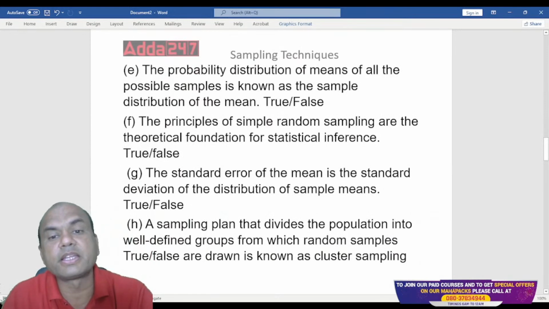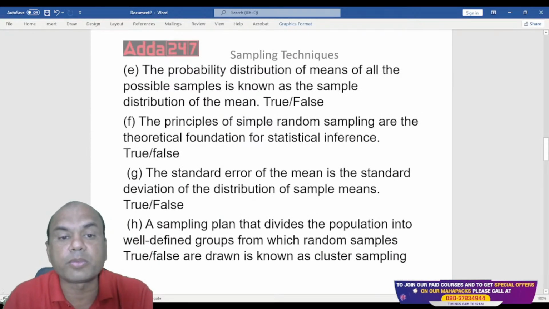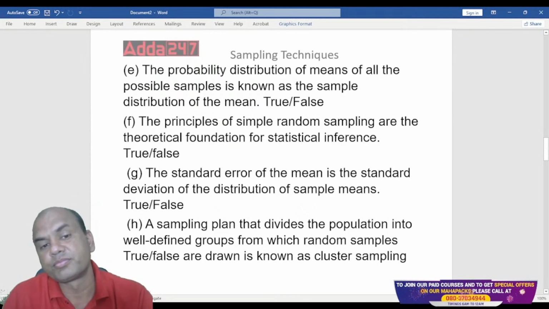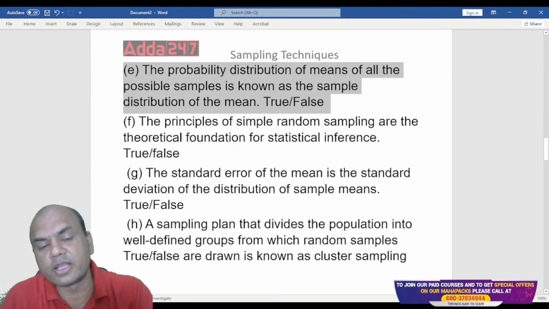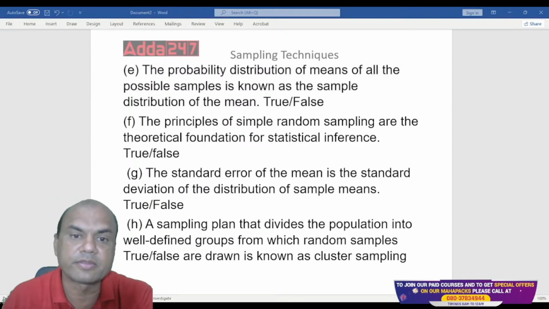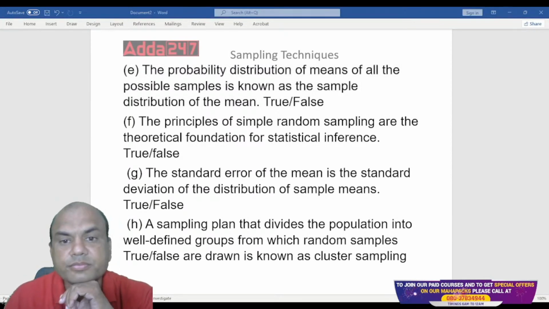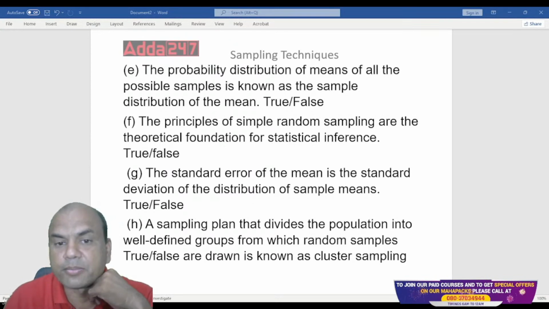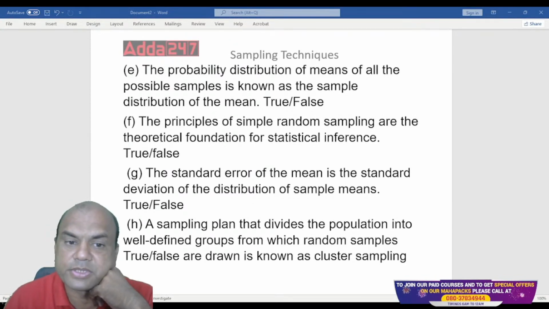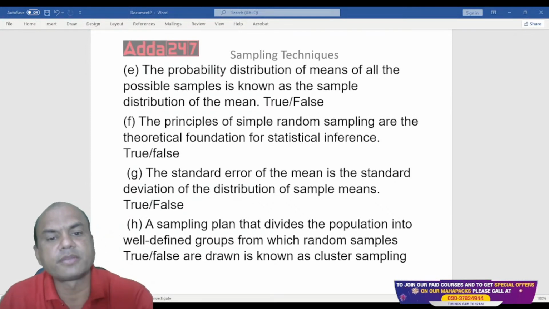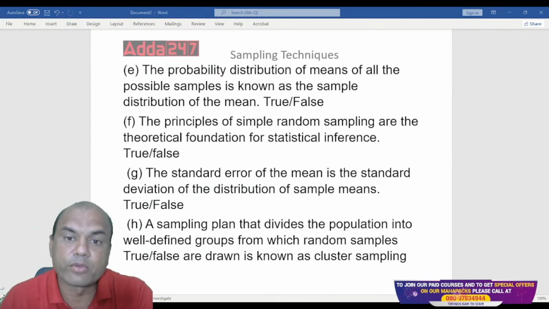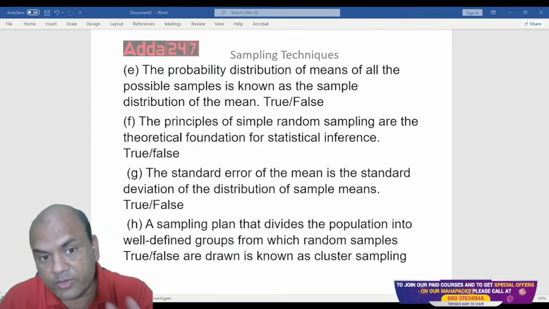The probability distribution of the means of all the possible samples is known as the sample distribution of the mean. Is this true or false? What are we talking of?